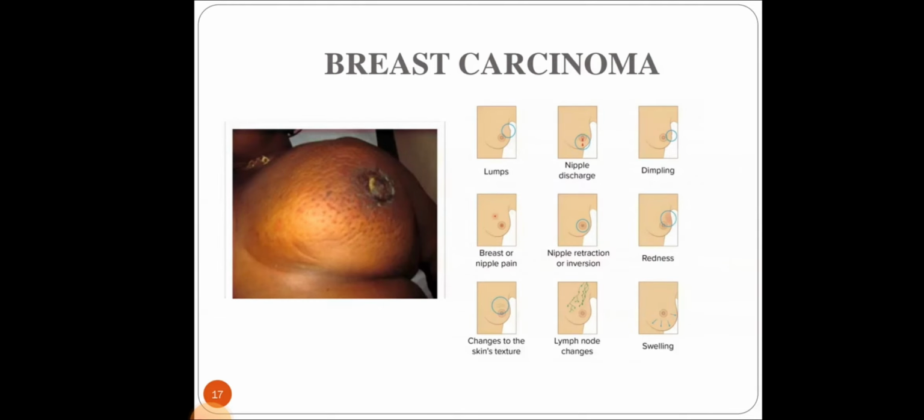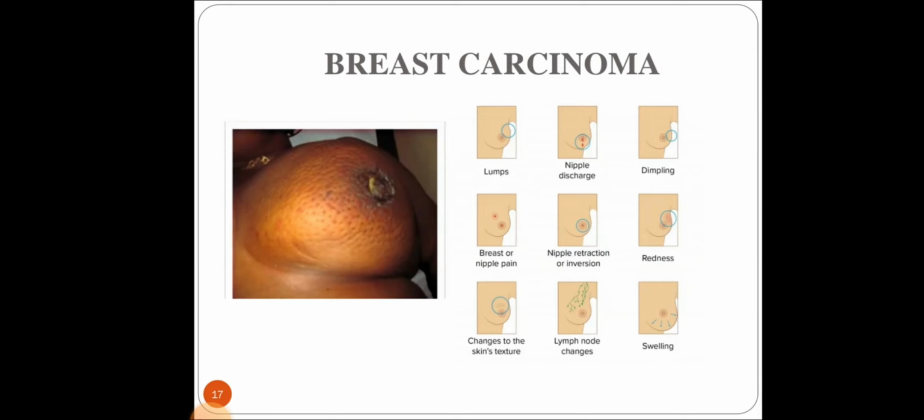And treatment mainly in carcinomas, the main treatments which we will suggest are surgery, then radiotherapy, hormonal therapy, and chemotherapy. Surgeries, mainly it is lumpectomy, that is the tumor along with 2 centimeter of normal tissue will be removed, that is local wide excision.